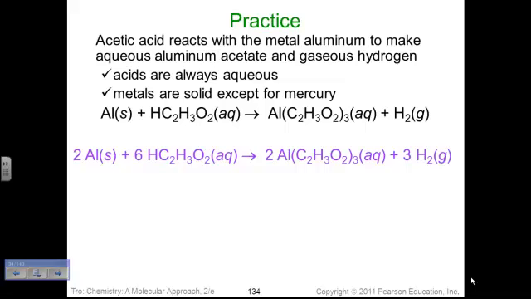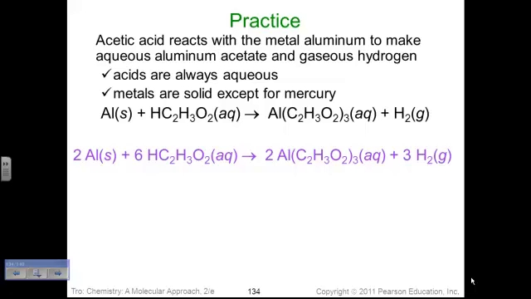When we end up balancing, we end with 2 aluminums plus 6 acetic acids generates 2 aluminum acetates and 3 hydrogens. Tabulate the number we have. We have a total of 6 H's and 6 acetates, C2H3O2 as a unit, and 2 aluminums on both sides.